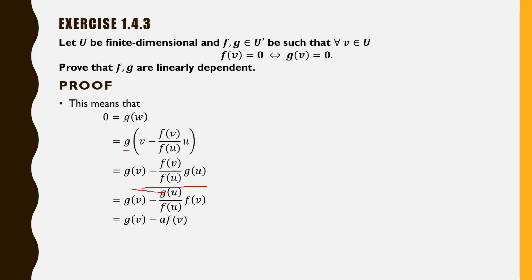So no longer does anything cancel, but we can swap the numerators, G of u and F of v, to get this equation here. G of u over F of u we defined to be a. So this produces this equation here, which if you remember was equal to 0. So another way to write this is that G of v is in fact equal to a times F of v.